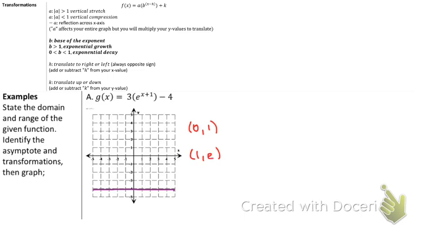All right, and here's what we have to understand. None of the procedural part's going to change. We're going to do everything exactly the same. The only thing we have to remember is that e has a kind of a weird decimal value. So I'm going to put that up at the top. So we know e is approximately equal to 2.71.